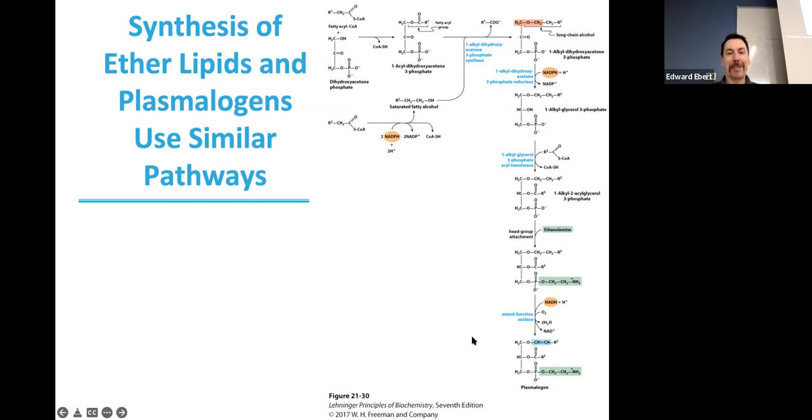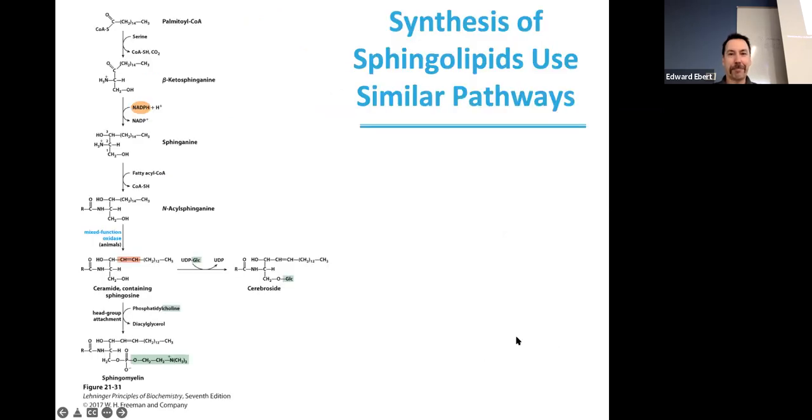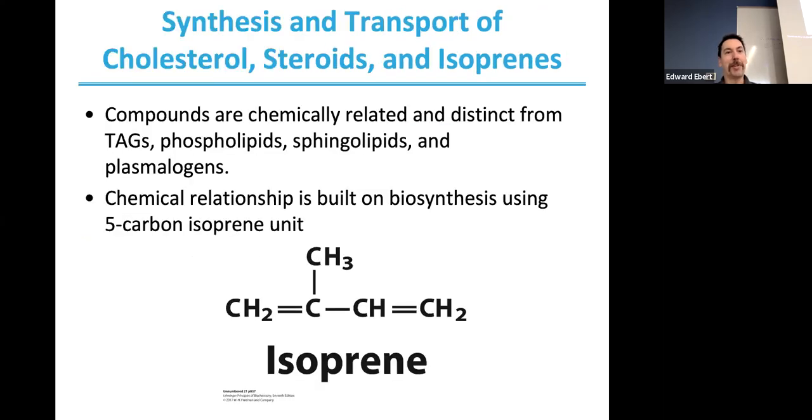The same goes for making sphingolipids. If you recall sphingosine, synthesis of sphingolipids is going to use very similar pathways. So that's all I want to say about those. More emphasis is what I'm going to place on this part coming up.